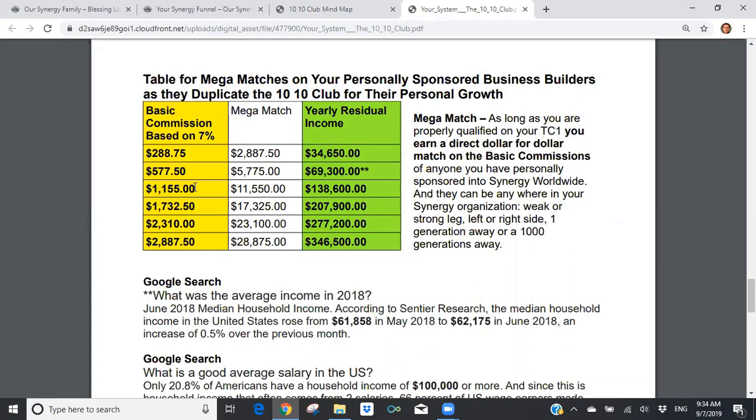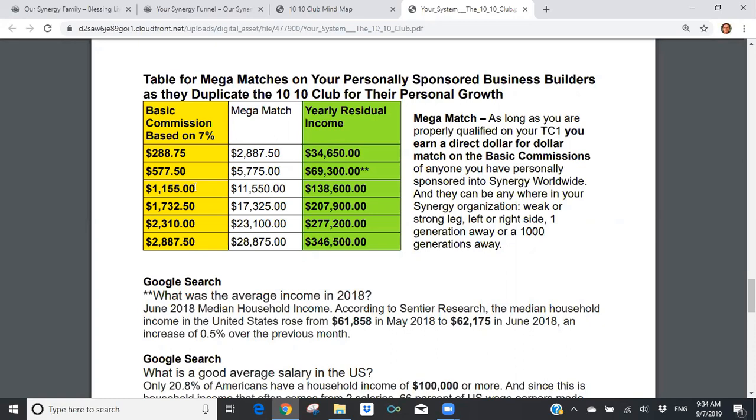And so if I can help every one of those people that I've personally sponsored in Synergy Worldwide continue to implement the 10-10 Club and expand their customer base, expand their distributor base, help their distributors that they personally sponsored understand how to build their customer base, all it does is increase the potential for basic commissions for them, which then increases my mega matches.